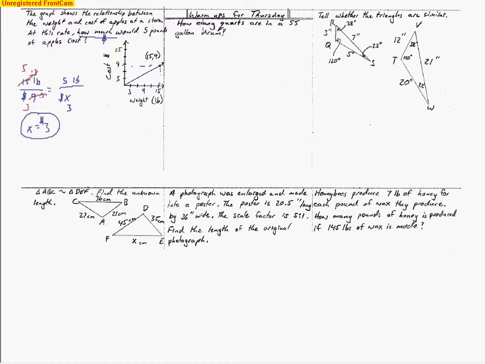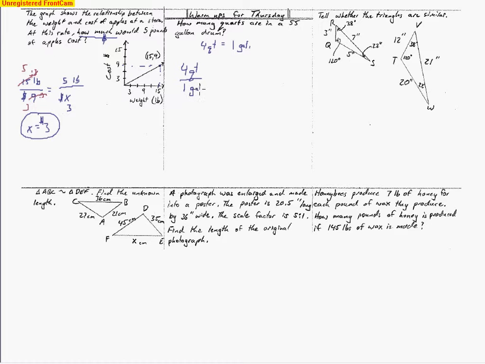Next problem asks us to find how many quarts are in 55 gallons. And so we have this 55-gallon drum, we want to find the number of quarts. So what we need to know is that conversion factor. And so the conversion factor is 4 quarts equals 1 gallon. And so what we're going to do is write that conversion factor as a ratio, 4 quarts per gallon.